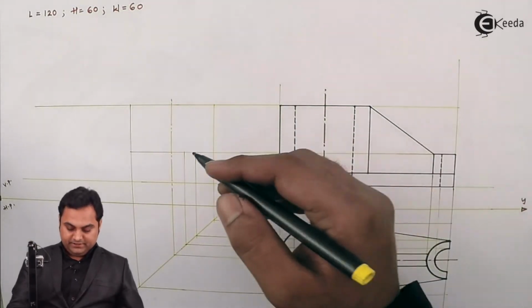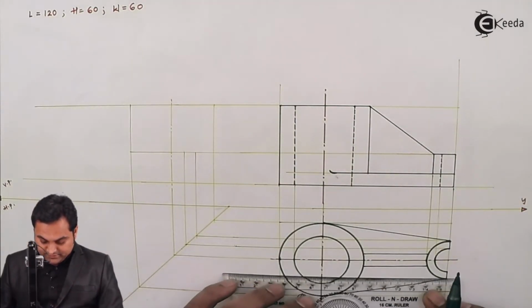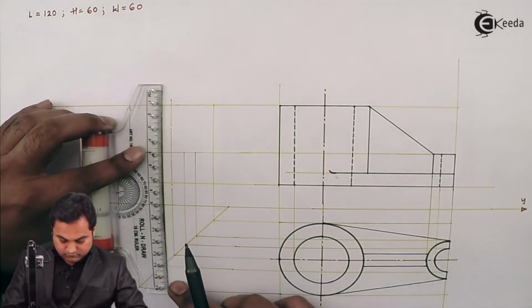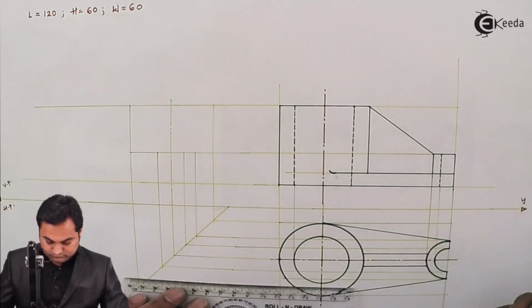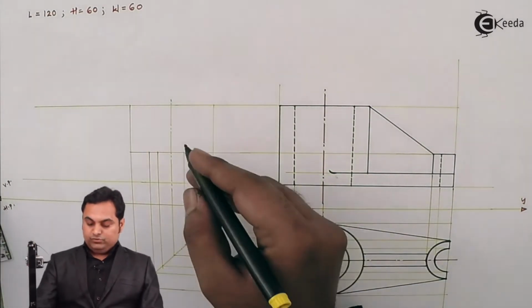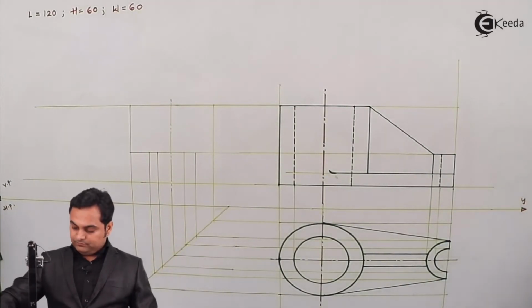So here I'm getting the first rectangle, then another rectangle is there. So these two rectangles will be visible. I'll make them dark.